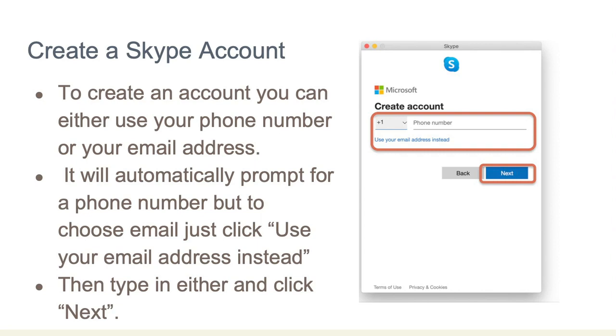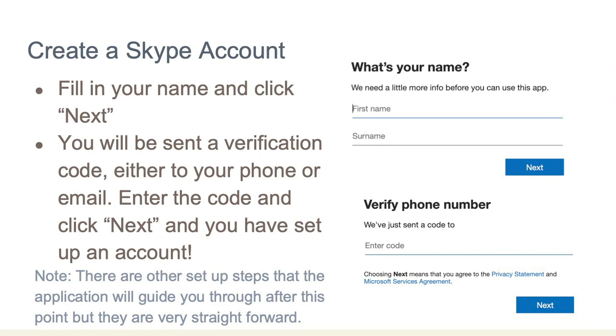After you've done that, you would click next, and you would enter some more personal information such as your name, and after it knows who you are, it will send you a verification code to confirm that yes, that email belongs to you, or yes, that phone number belongs to you.